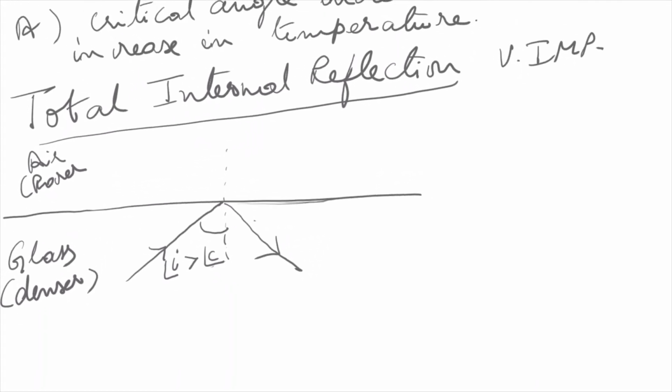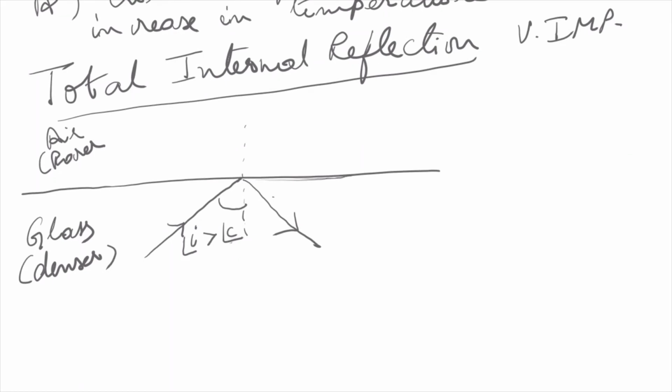You will be asked to define total internal reflection. The diagram is only for your explanation. So you may be asked to draw with the help of a diagram and explain total internal reflection also. So this will be the diagram. Anyway, now let me define total internal reflection.